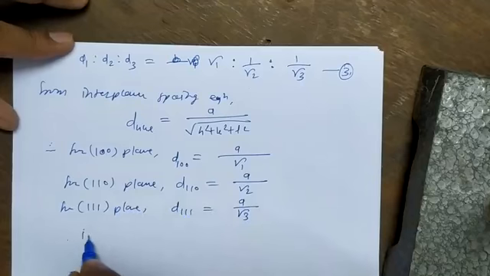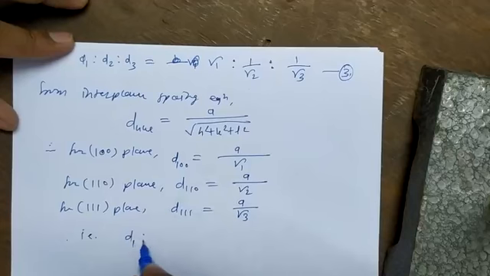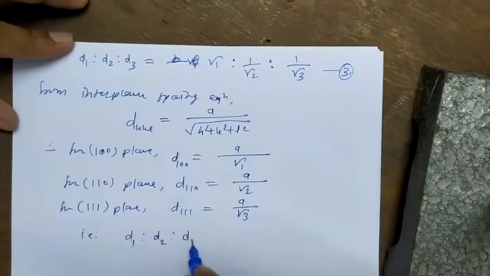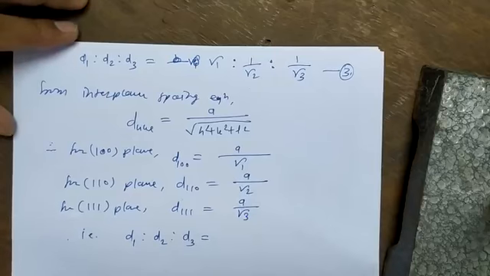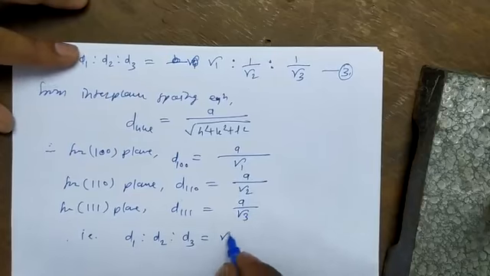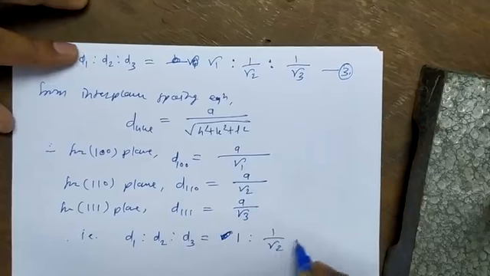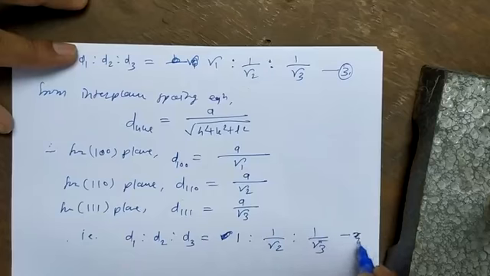The ratio d1 as to d2 as to d3 will be a upon root 1, a upon root 2, a upon root 3. Dividing the total equation by a, we get 1 as to 1 upon root 2 as to 1 upon root 3. This is equation number 4.